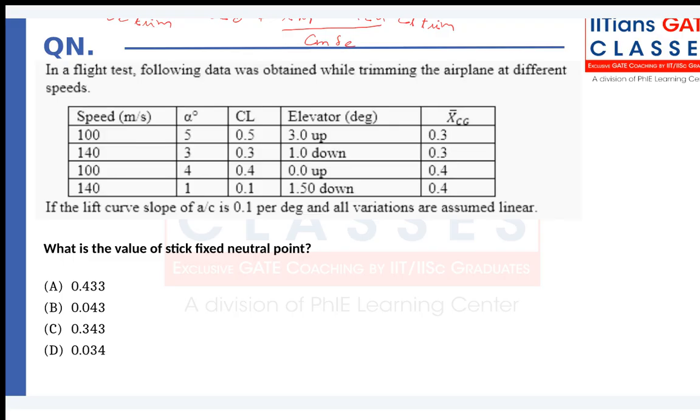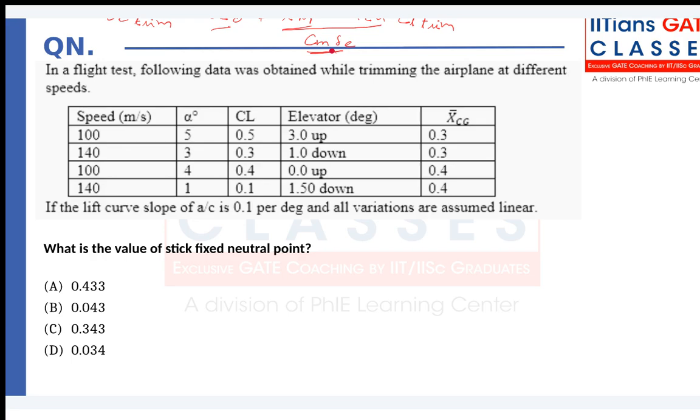You have 4 equations and you have unknowns. What are the unknowns? We don't know delta E naught, we don't know x bar np, and we don't know cm delta E. So you have only 3 unknowns: delta E naught, x bar np, and cm delta E, and 4 equations.